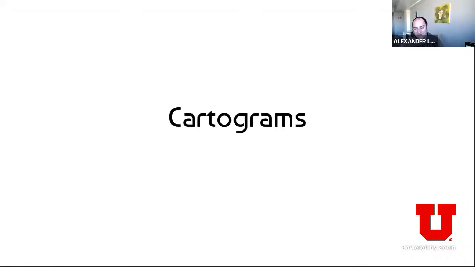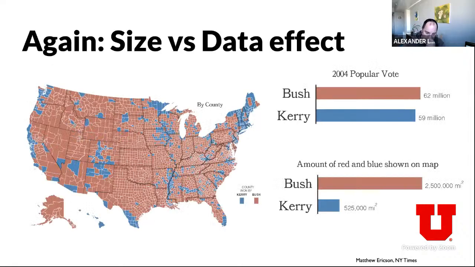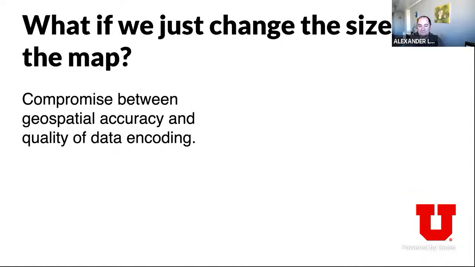Cartograms are the next important type of map, and they again try to address this size versus data effect that we talked about at the beginning. They do it differently from proportional symbols or using transparency. They simply try to distort the area to map it to the magnitude of an effect. This is a compromise between geospatial accuracy and the quality of the data encoding.